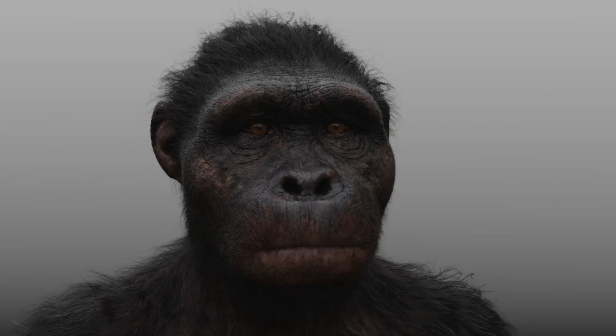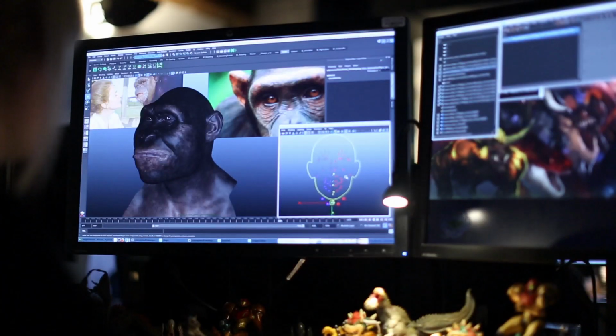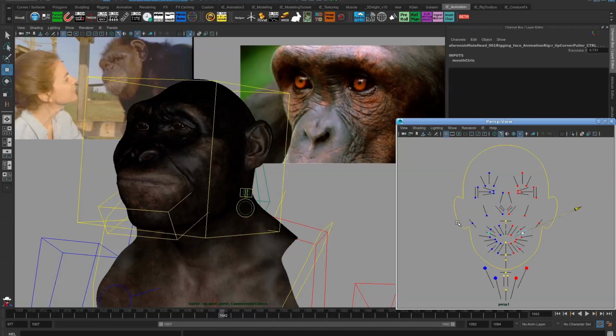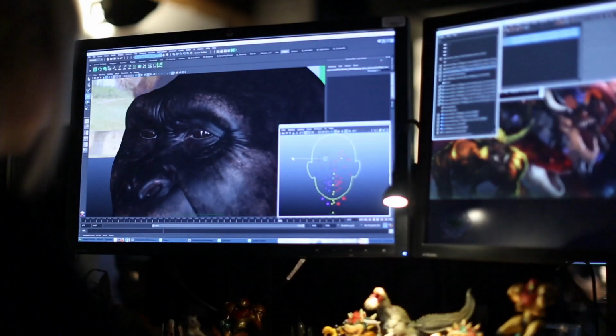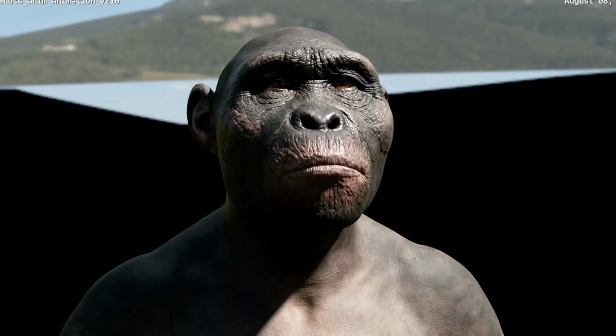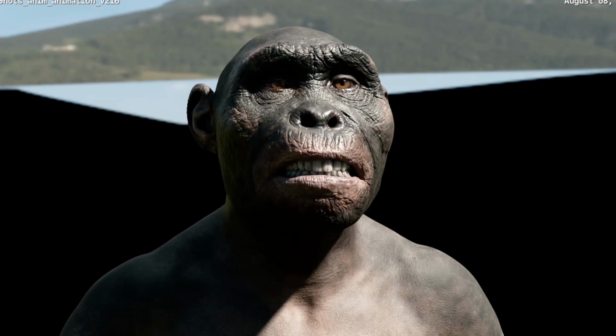So we read up on these research papers to find all the relatable facts that we can steal from our human face rig system and apply to a chimpanzee, which was the closest relatable animal that we would use as reference for our Paranthropus and Afarensis characters.